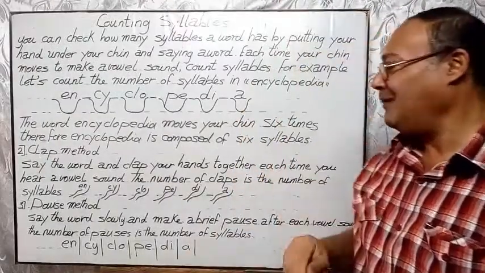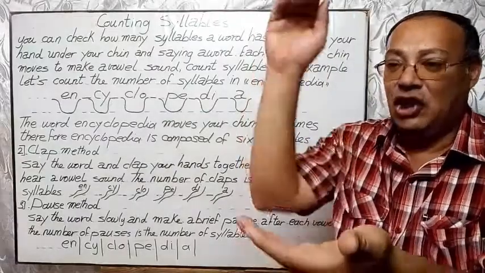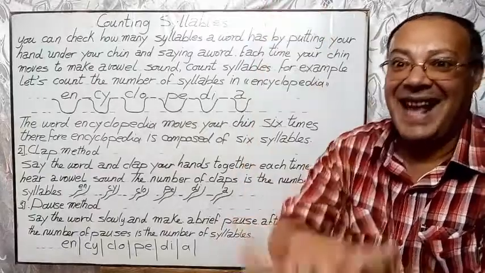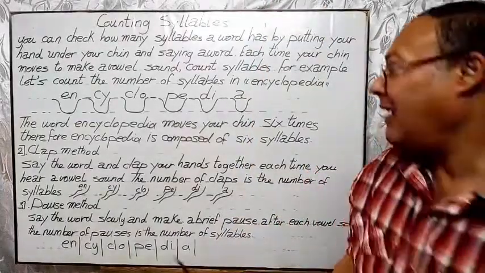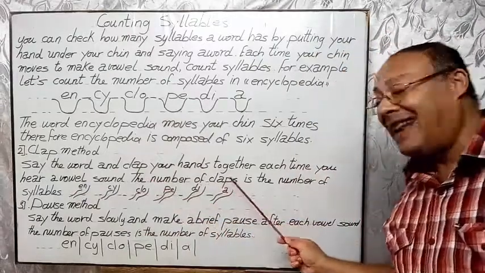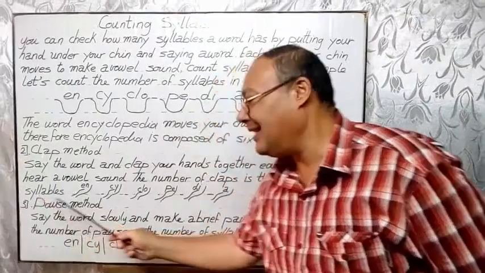One more time. Encyclopedia. The number of claps is the number of syllables.